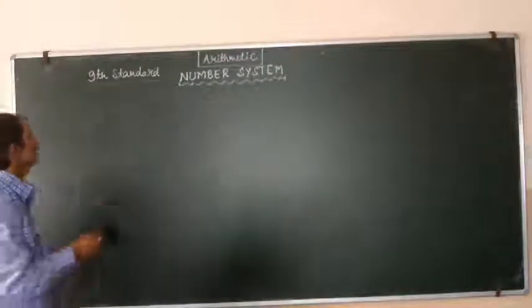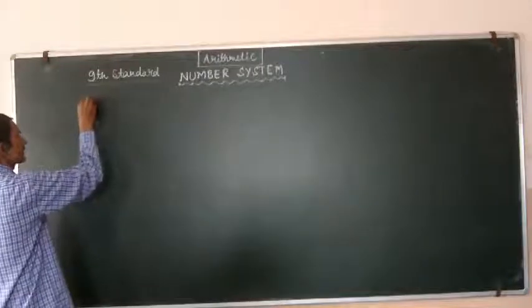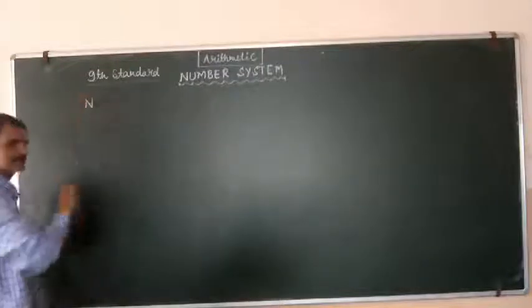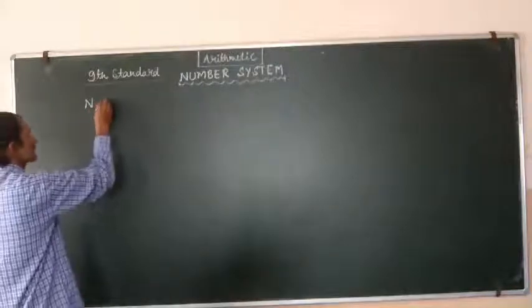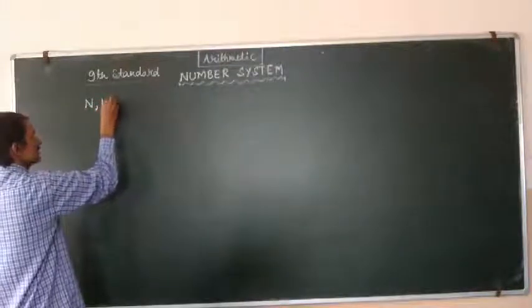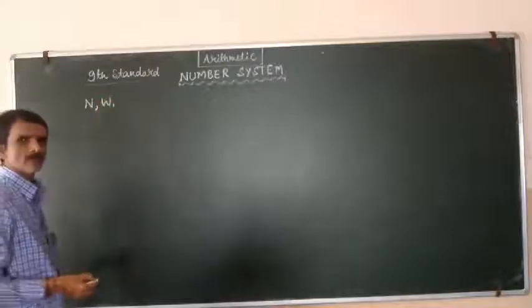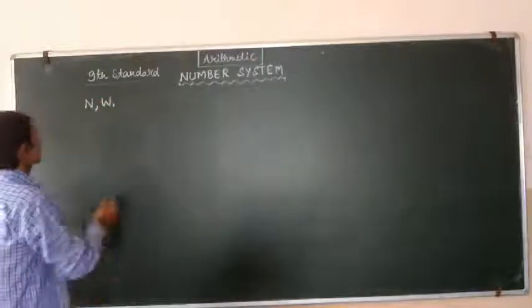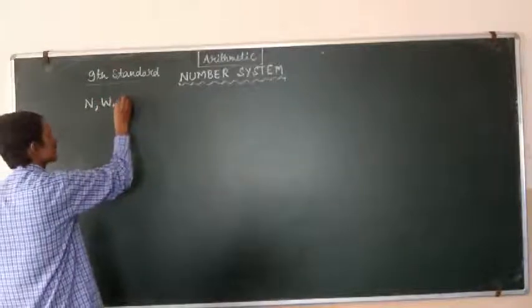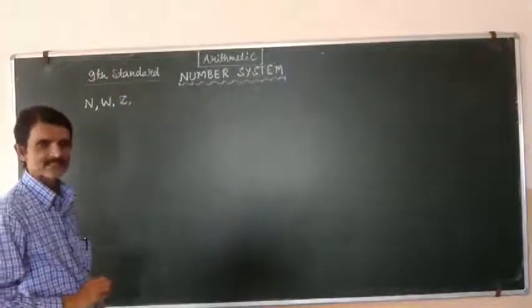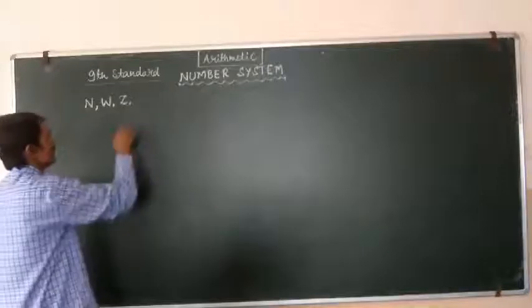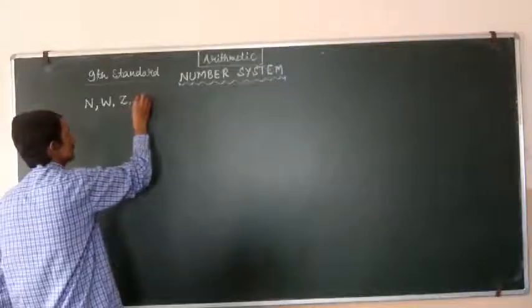Yes, the first one is N, that is for natural numbers. Next, W for whole numbers. Next, Z for integers. What is the next set?